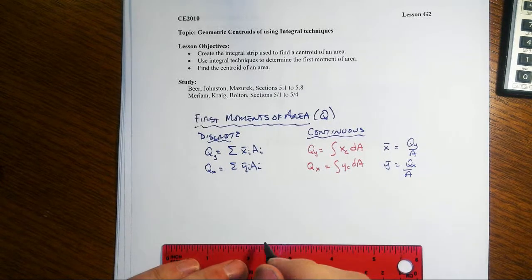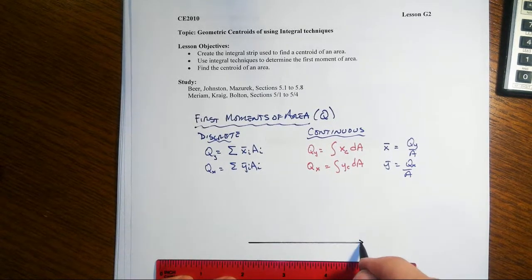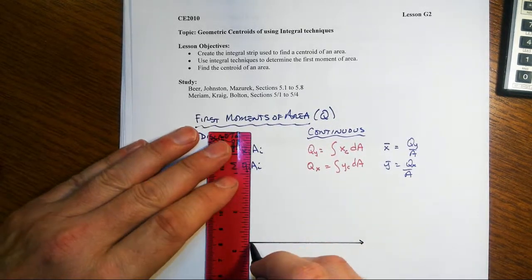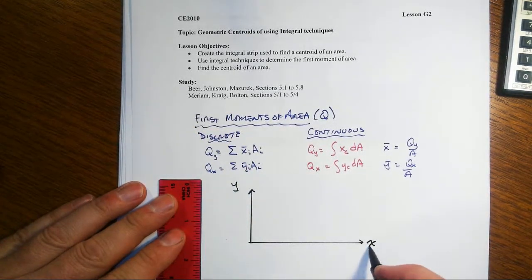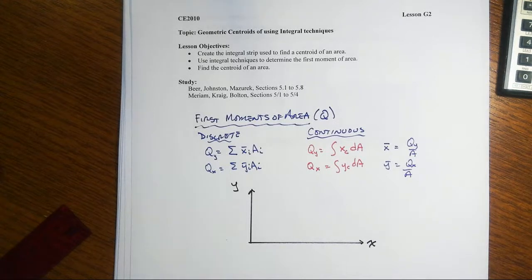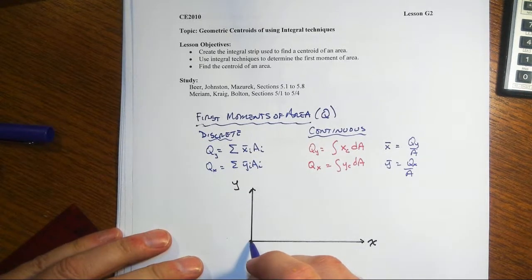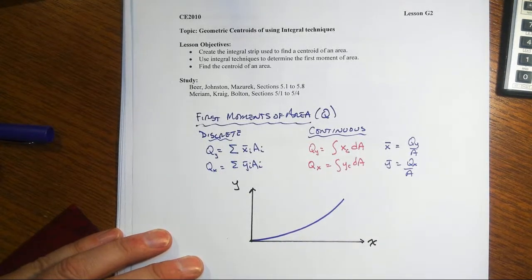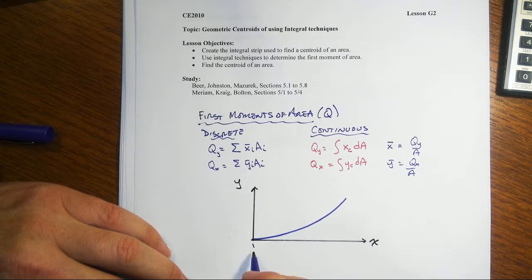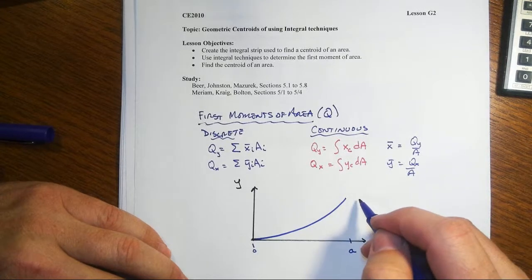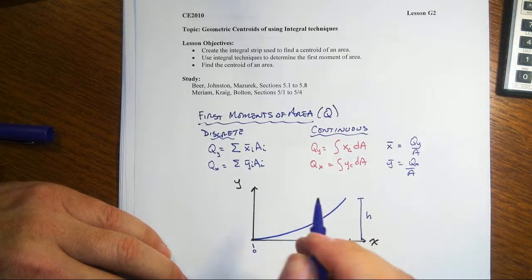Since we've got a parabola there, I'm going to show a parabola in a slightly different form than what we have with that dam, and that is I'm going to show it with the vertex down here at the bottom left and then coming up. We'll call that 0, and this is a out here, and this height we'll call h.